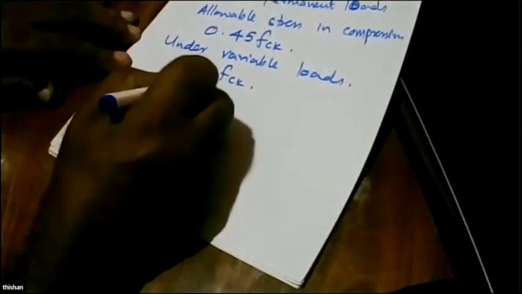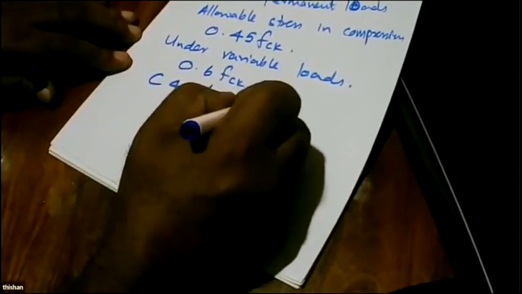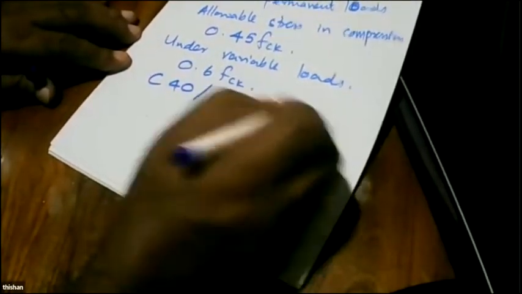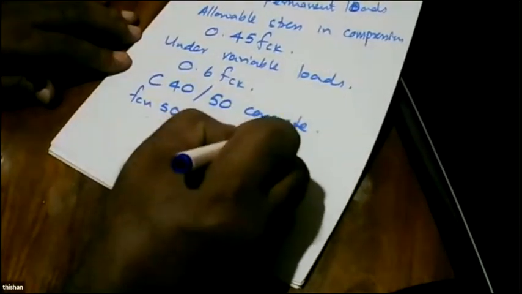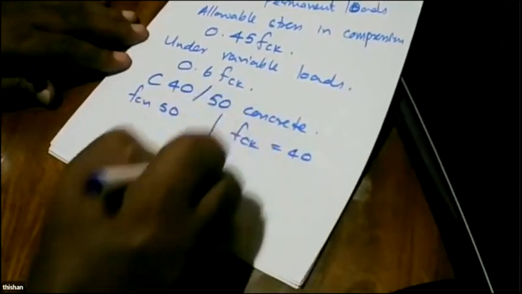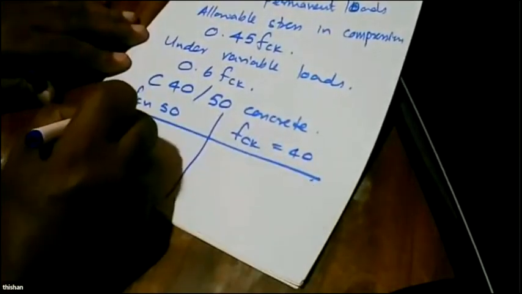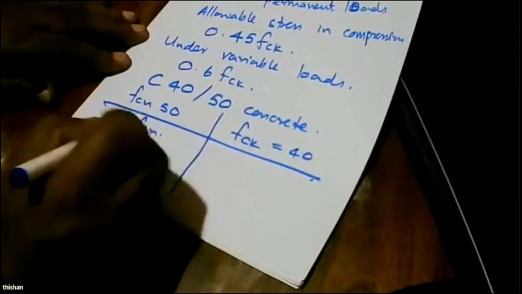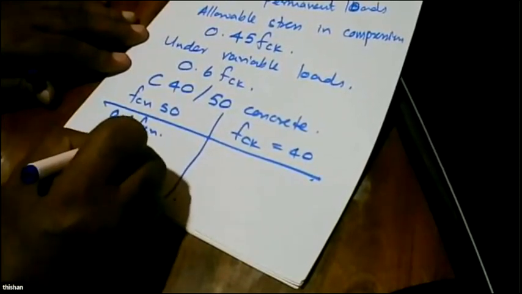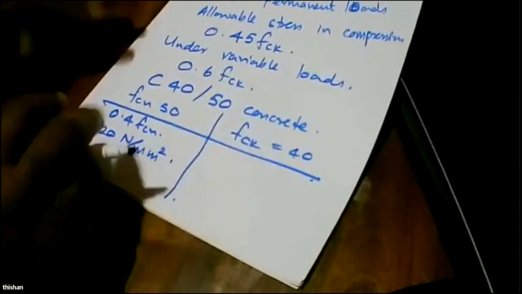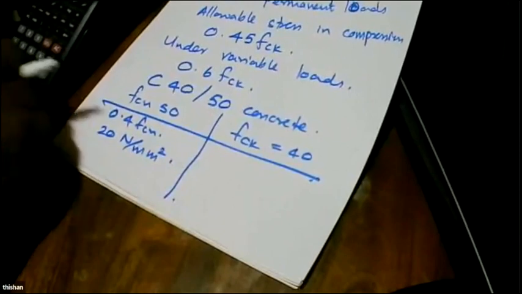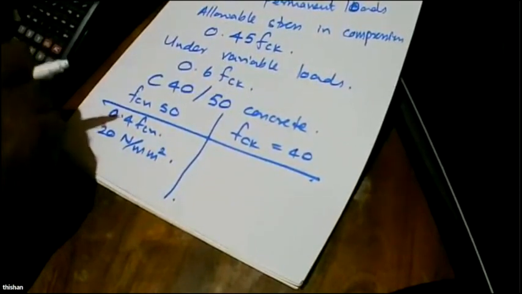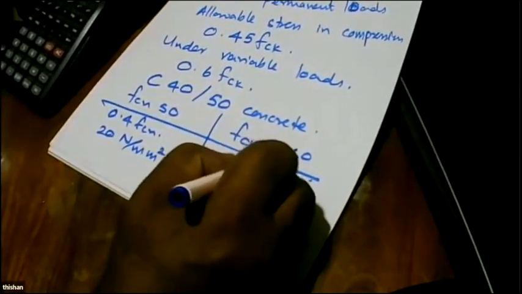So if you take an example from C40/50 concrete, so FCU 50, FCK 40. So this allows 0.4 times FCU as the maximum compression, which is about 20 megapascal. So under permanent loads, 40 into 0.45 gives 18 megapascal.